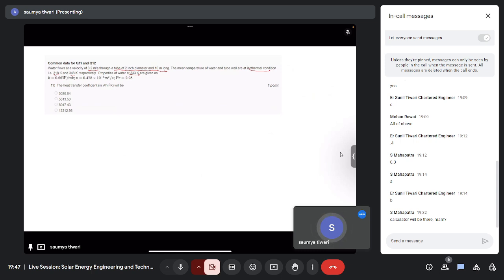What is the heat transfer coefficient? You can calculate the heat transfer coefficient, and the rate of heat transfer also you can calculate.